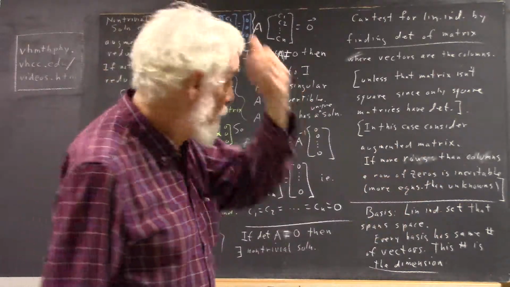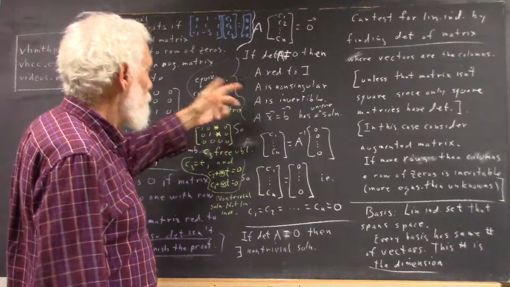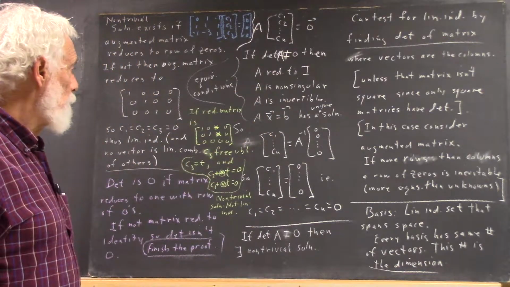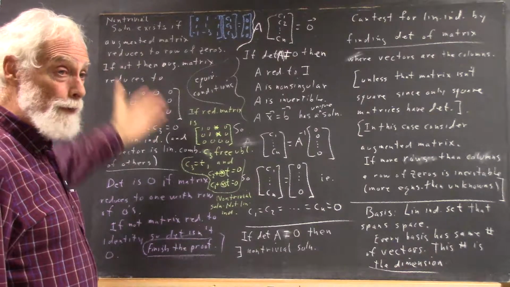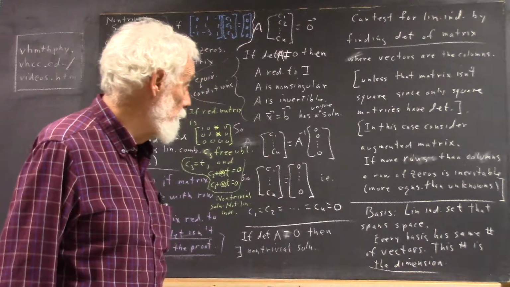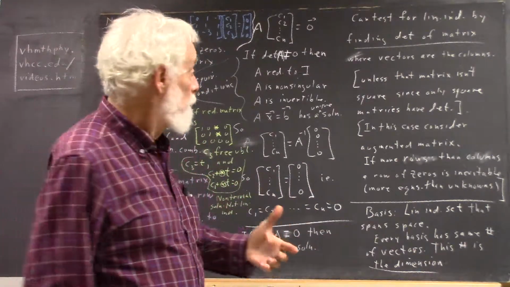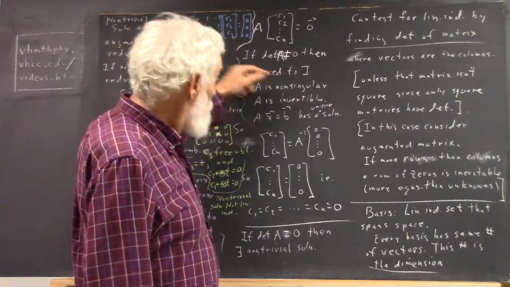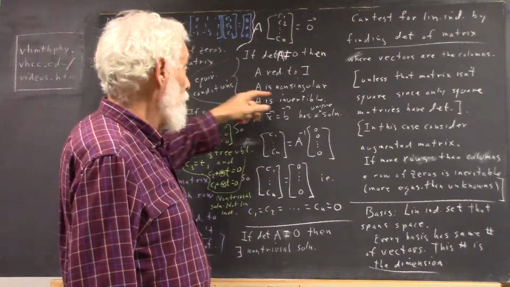It's true for any dimension, because everything that I said here in arguing that the determinant's non-zero if A reduces to the identity is equally valid no matter how big your square matrix is, and you want to be sure you convince yourself of that. Other ways to say that: determinant A is not zero is equivalent to saying A reduces to I. It is also equivalent to saying A is non-singular.